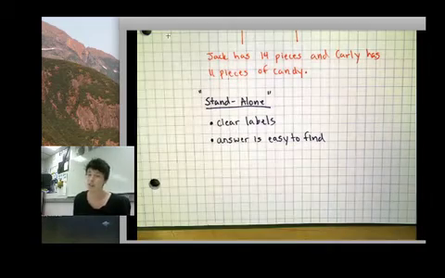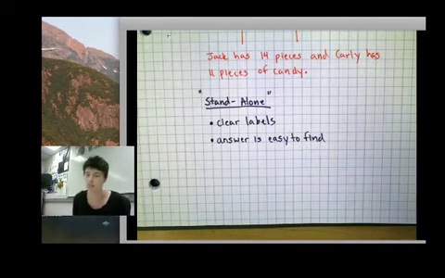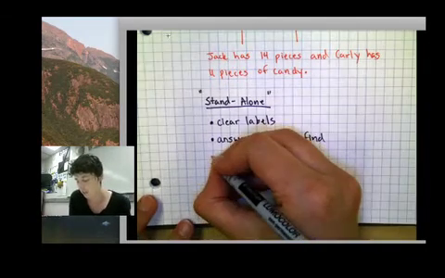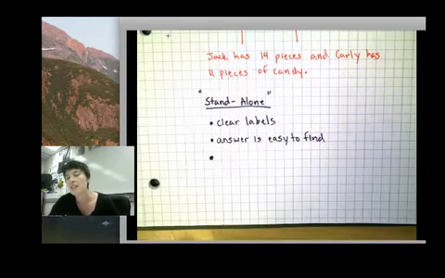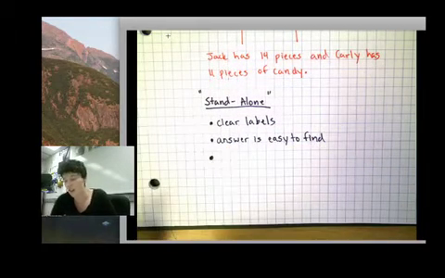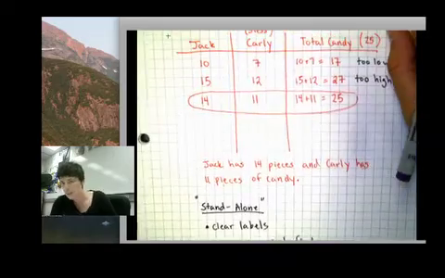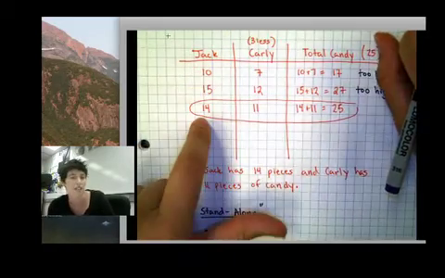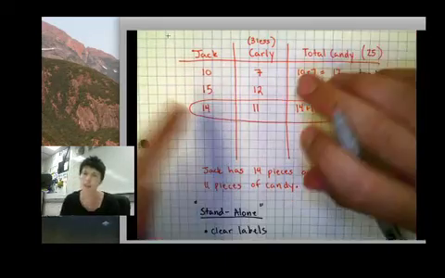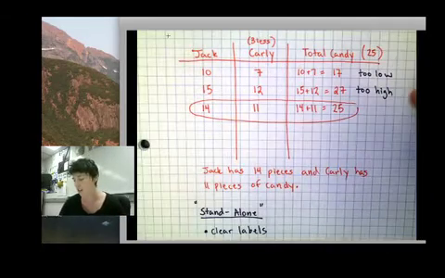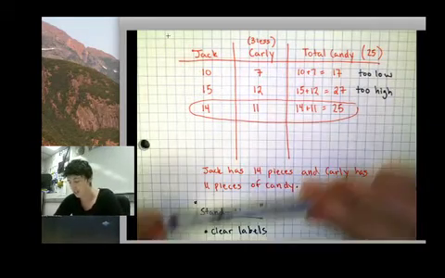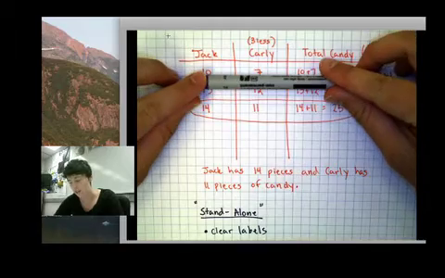Another thing that's actually really important, and this is of course up to debate, some people say this is less important, but let's say you had gotten lucky and you had made this table, but instead of guessing 10 first, your first guess was 14. Totally lucky, guess 14, got it right. That would mean you wouldn't have any of these other numbers in the table, they'd be covered up.